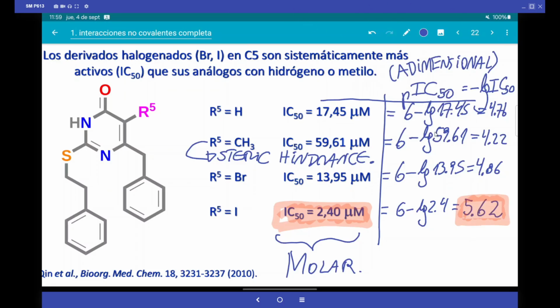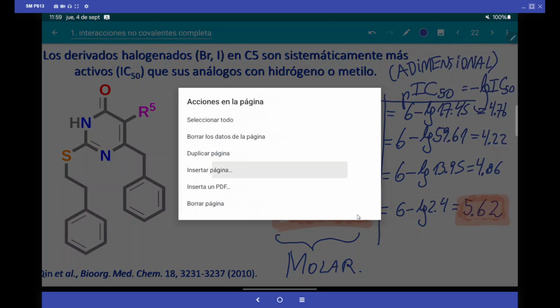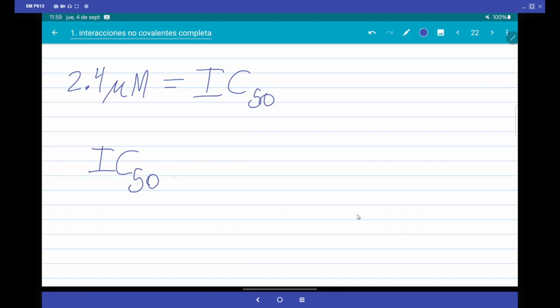Take this value, 6. We consider the one below, 2.4 micromolar. That is the IC50 value. Then, as we want the p, we say that the IC50 is equal to 2.4 micro, which means 10 raised to minus 6 molar.